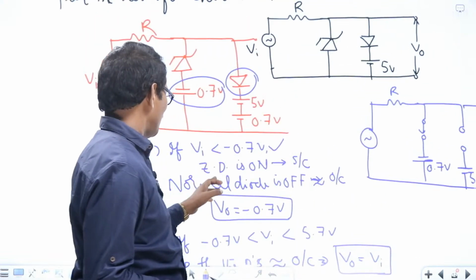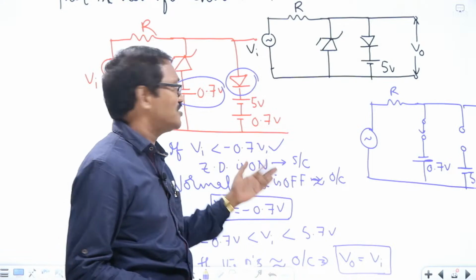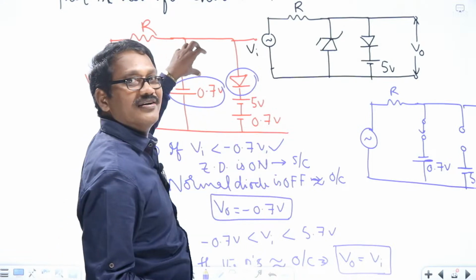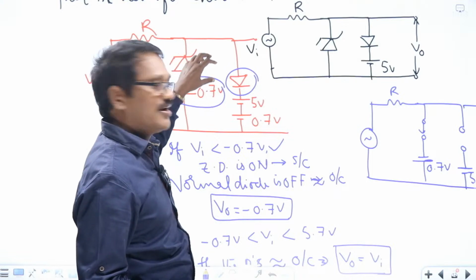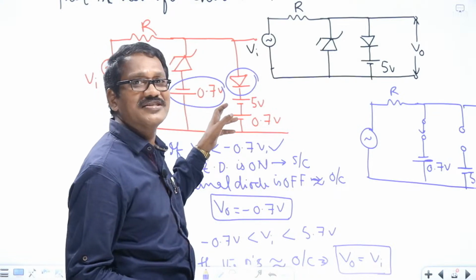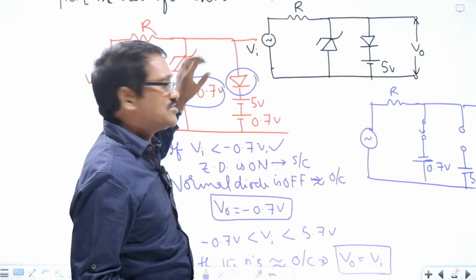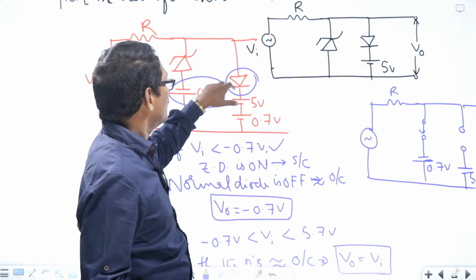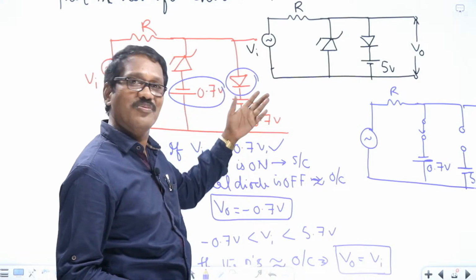So two cases we have taken into account. One is if VA is less than minus 0.7 volts, then the Zener diode is forward biased and acts as a short circuit. The 0.7 volts we have already replaced here, and hence the Zener diode can be replaced with a short circuit. Now the normal diode is reverse biased and can be replaced by an open circuit.